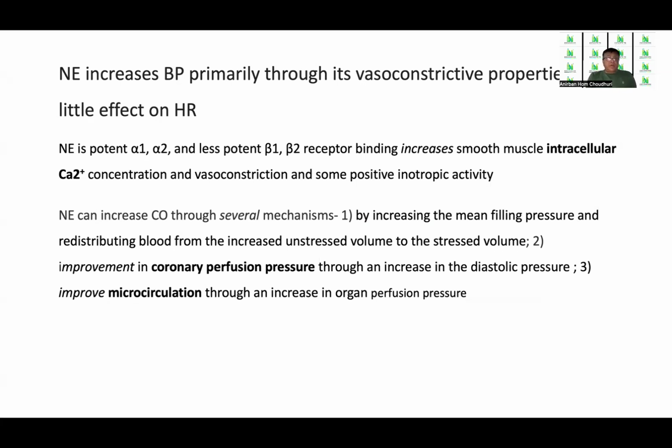And it is also important to know that it can increase the cardiac output through several mechanisms, like by increasing the mean filling pressure and redistributing the blood from the increased unstressed volume to the reduced stressed volume, improving the coronary perfusion pressure through an increase in the diastolic pressure, and an improvement in the microcirculation through an increase in the organ perfusion pressures.